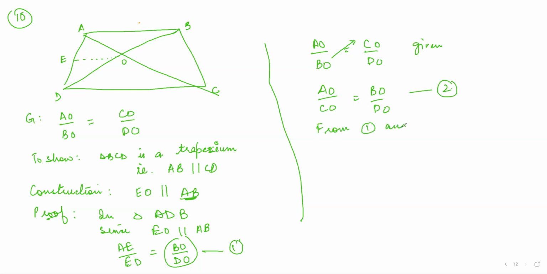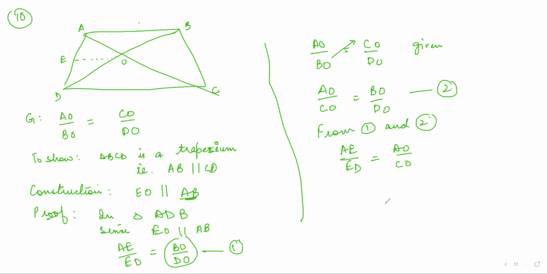Wait, because I want to show the line is parallel. So from 1 and 2, tell me what I can write. I can write AE upon ED is equal to AO upon CO, because BO upon DO is there in both the equations.